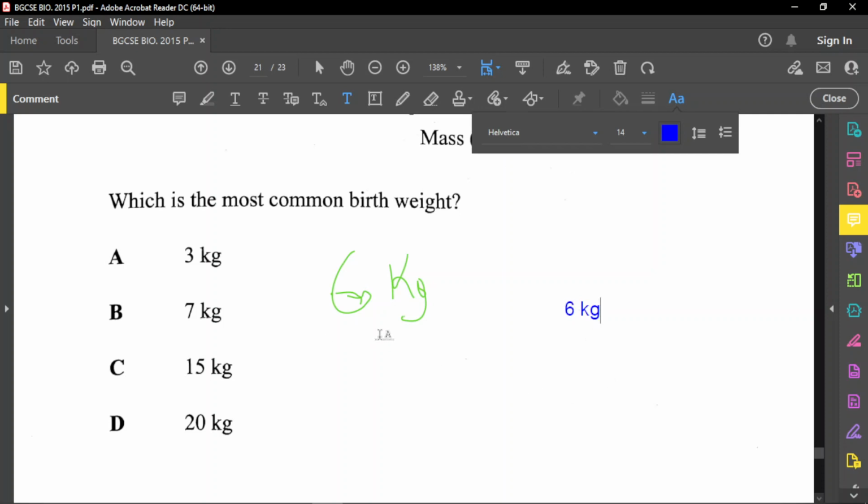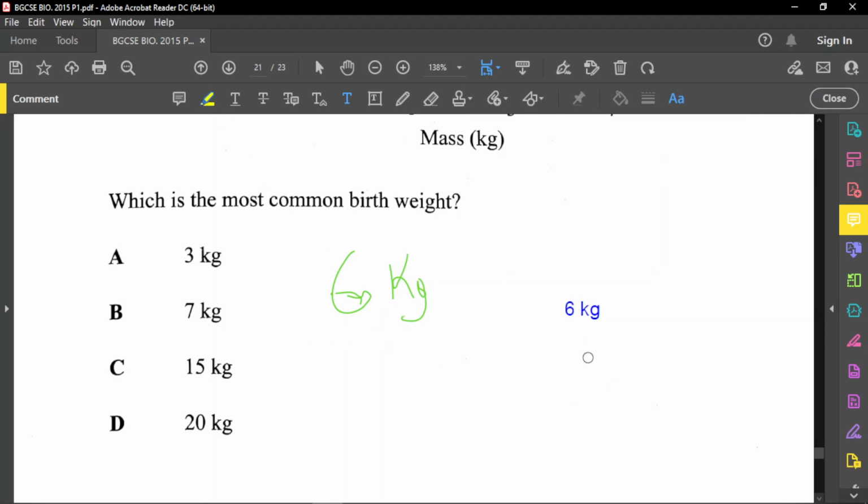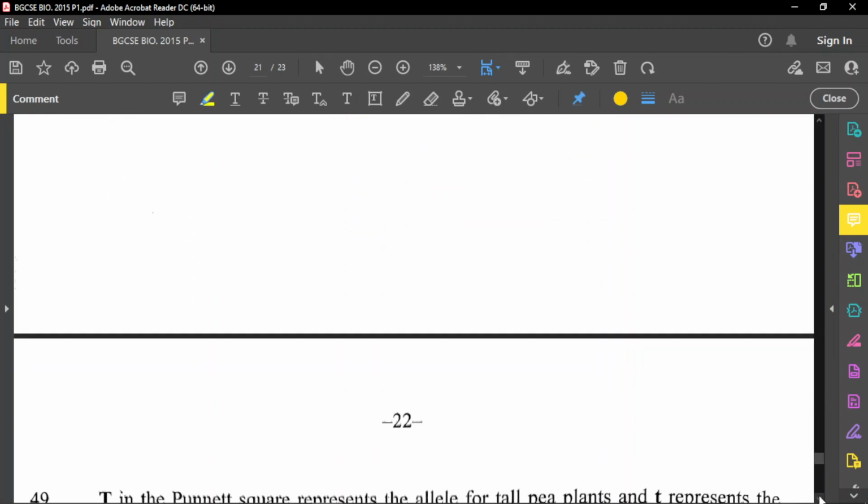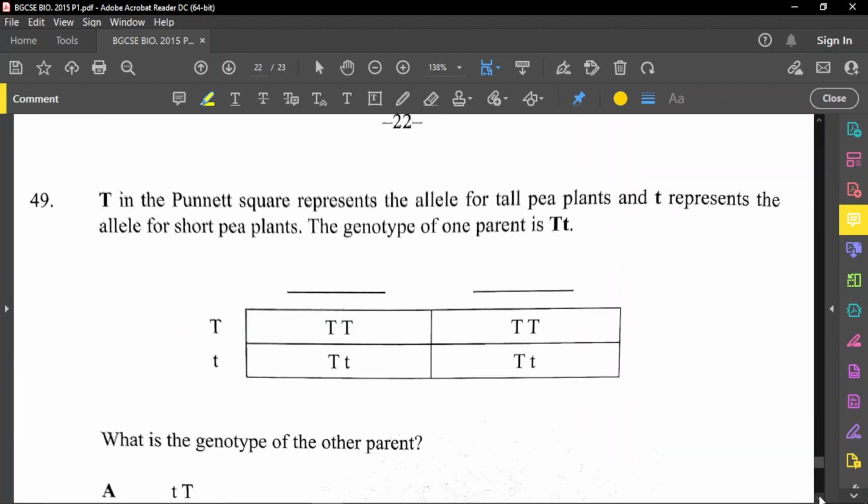All right, so let's jump into the next 2 questions. We have 2 more questions and that's it. All right, so 49, it said the Punnett square represents the allele for tall pea plants, and small t represents the allele for short pea plants. The genotype of one parent is uppercase T, lowercase t, which is heterozygous.